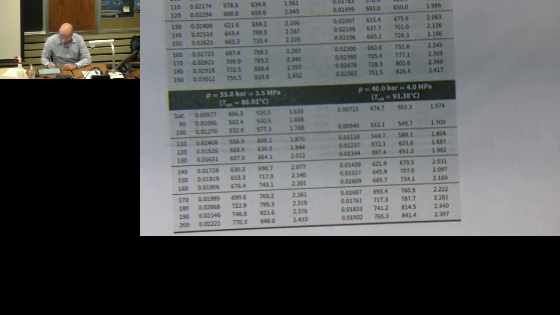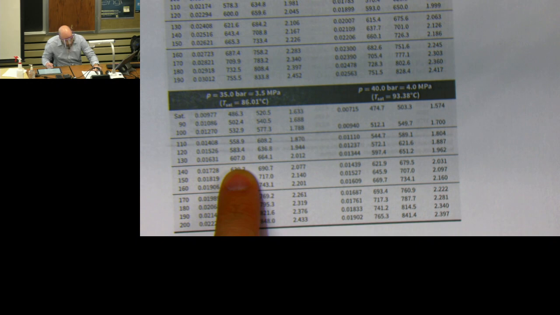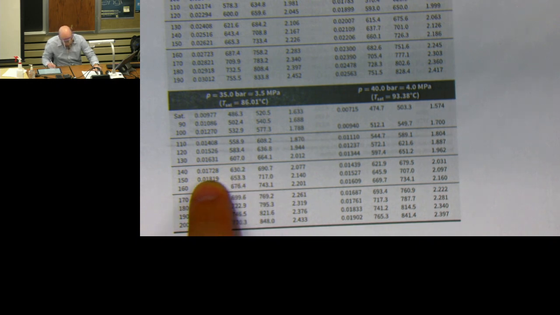We would say 630.2 minus, sorry, that's wrong. Well, 630.2 minus, I'm going to go up here to 607.0, because that's between those two numbers. And 630 corresponds to 0.01728, and 607 corresponds to 0.01631.